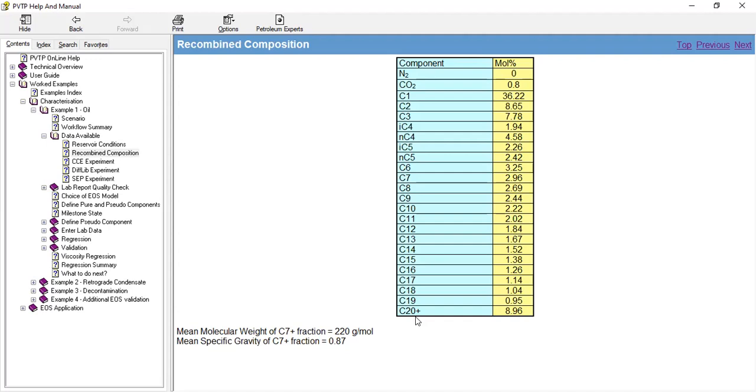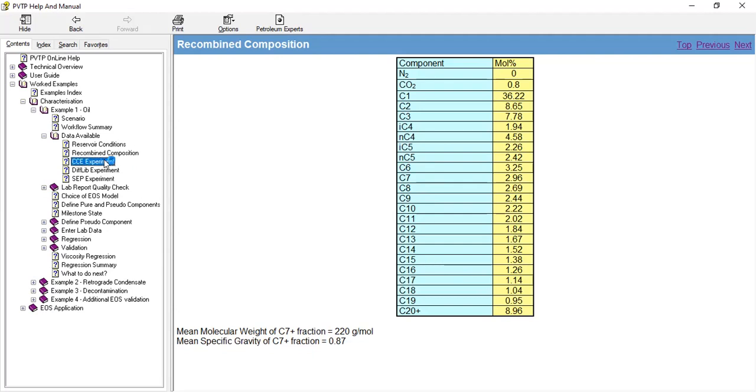We will combine them and we call them C20 plus. And this component is a pseudo component because it's not a pure component. And the mean molecular weight of the C7 plus fraction is 220 gram per mole. Mean specific gravity, 0.87. So that's the recombined composition.